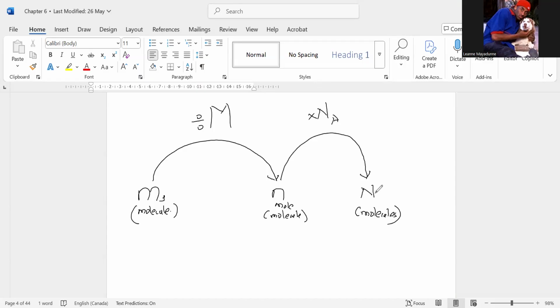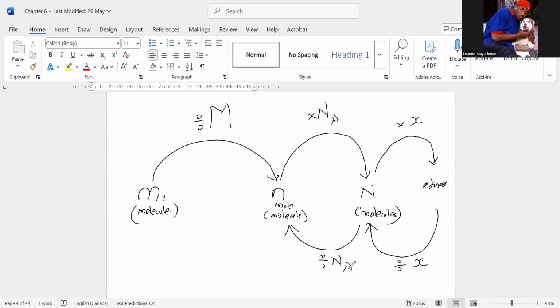If from molecules you need to determine the atoms, then you need to multiply by x, and the reverse is true. If you have the number of atoms, you need to divide by x. You will get the molecules. From molecules to moles, you need to divide by Avogadro's number. From moles to mass, you need to multiply by the molar mass.